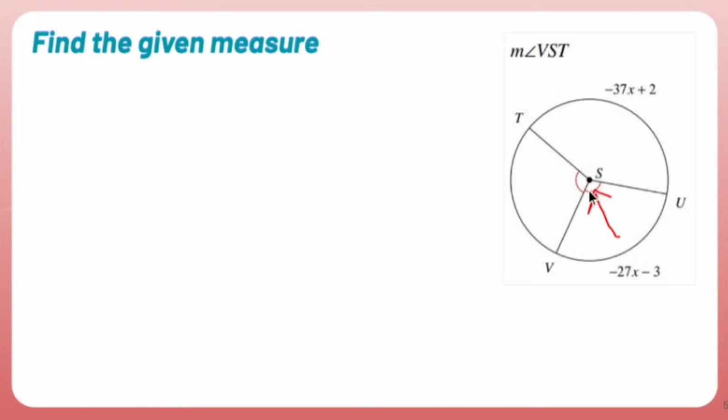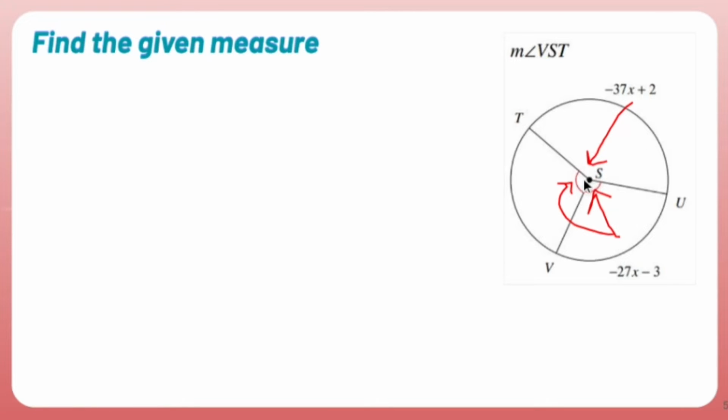Also, since this angle is congruent to that angle, both of these are negative 27x minus 3. And last but not least, this central angle creates this arc, negative 37x plus 2, which means that angle is that too. So just saying each of these individually isn't going to help me find x, and in other words, help me find this angle VST right here.